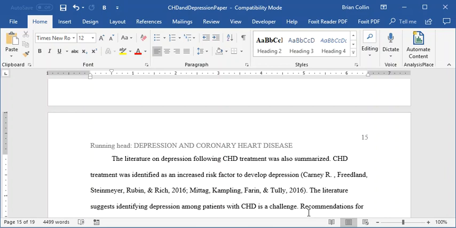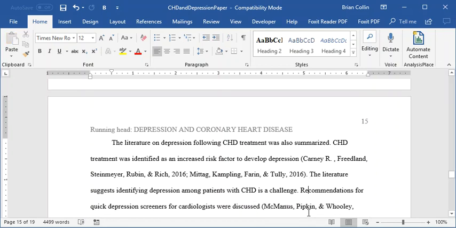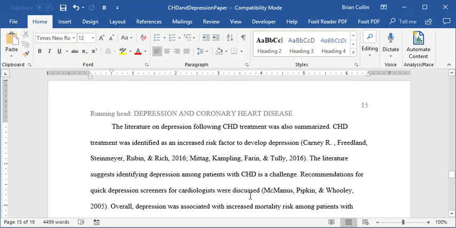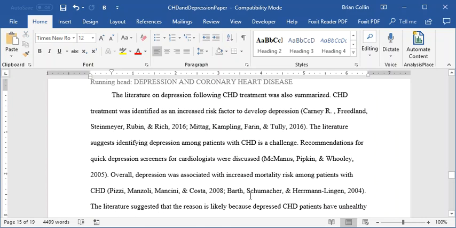The literature suggests identifying depression among patients with heart disease is a challenge, because figuring out which heart disease patients have depression is difficult. Recommendations for quick depression screeners for cardiologists were discussed. Overall, depression was associated with an increased mortality risk among patients with heart disease.